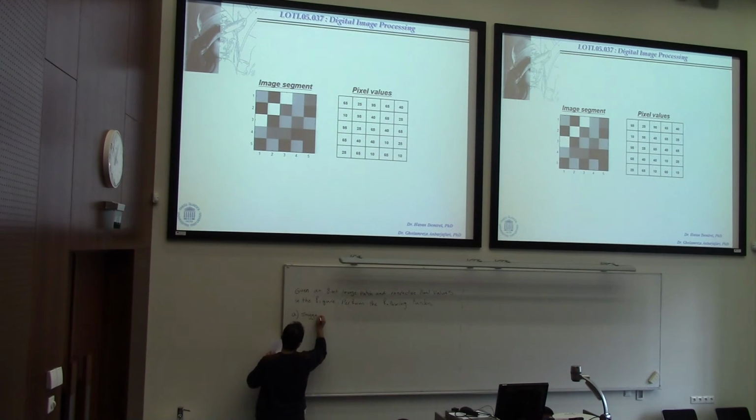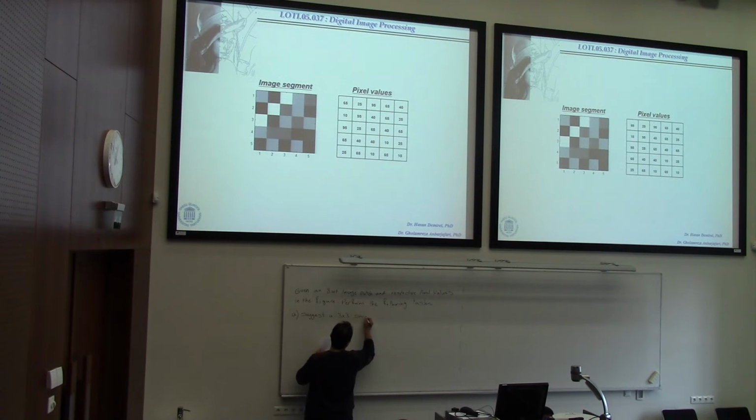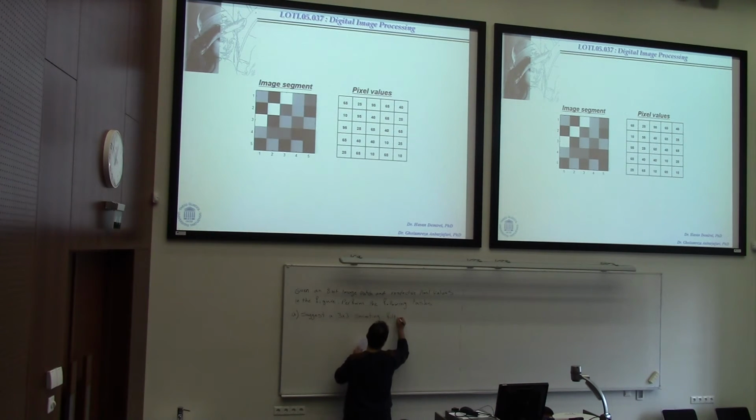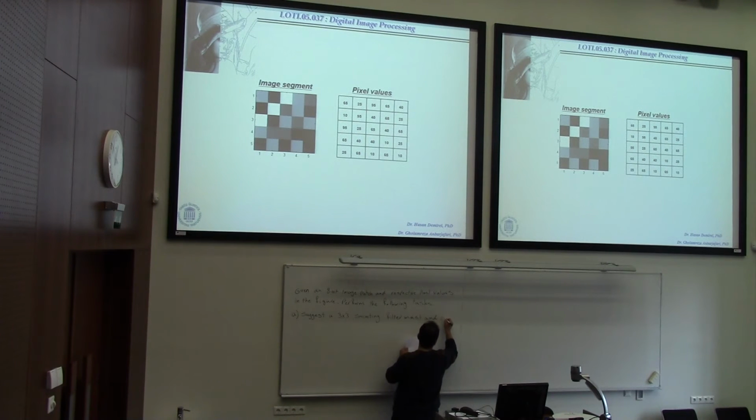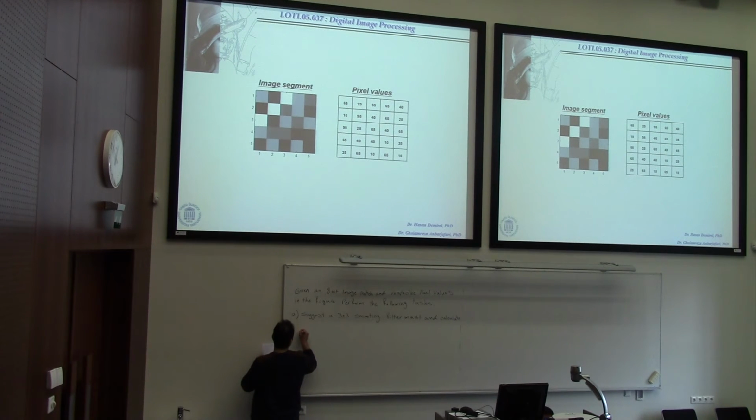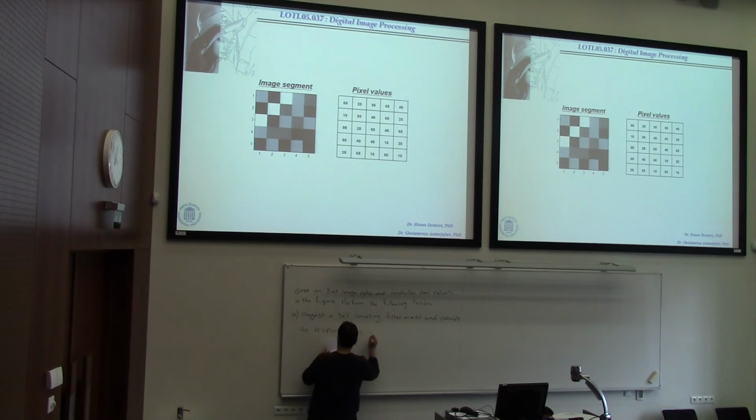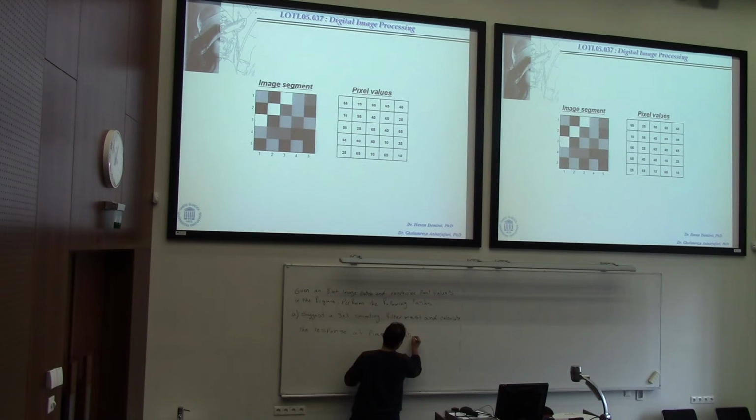Suggest a 3x3 smoothing filter mask and calculate the response at pixel location 2, 3.